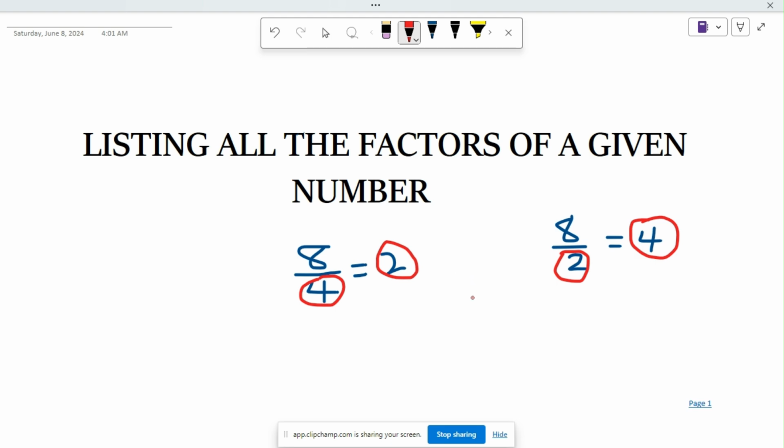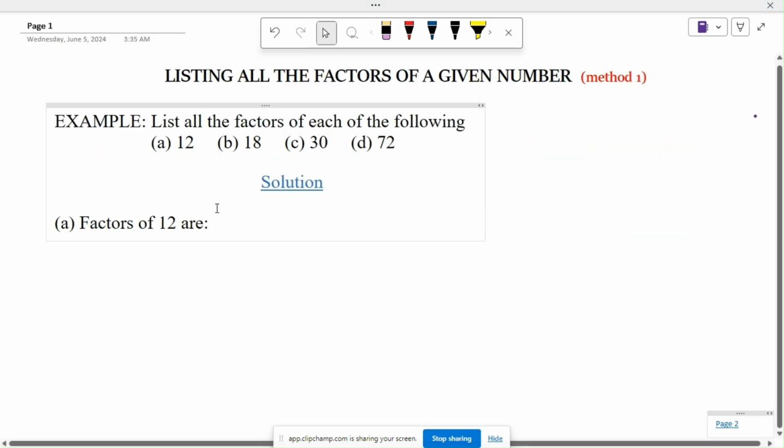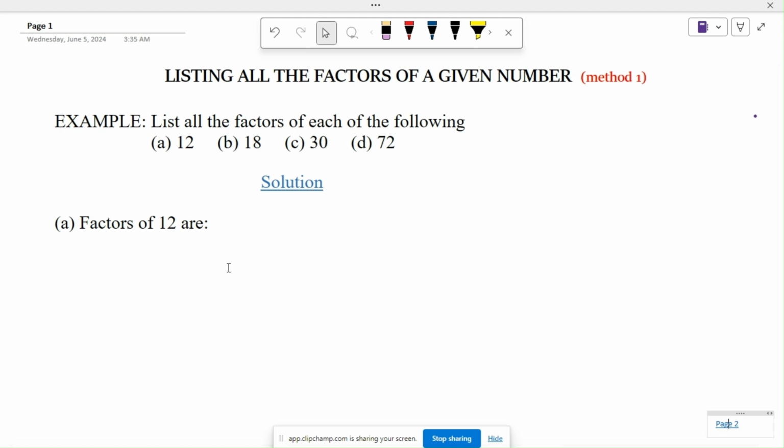So let's move on to today's topic, listing all the factors of a given number. We'll be taking method 1 today.